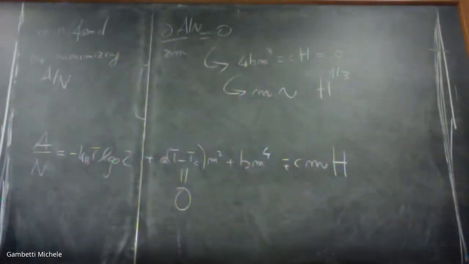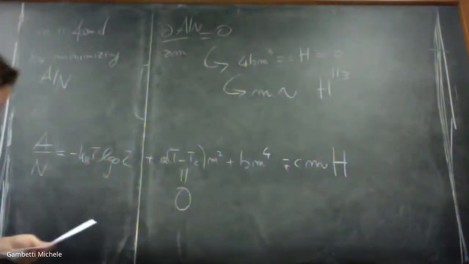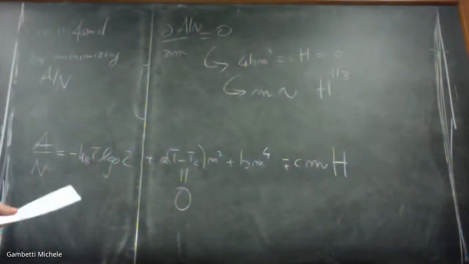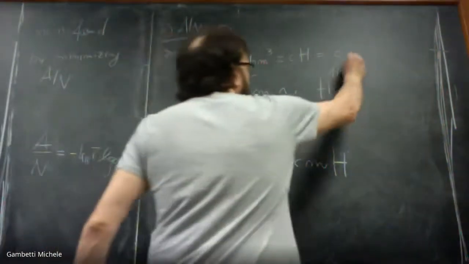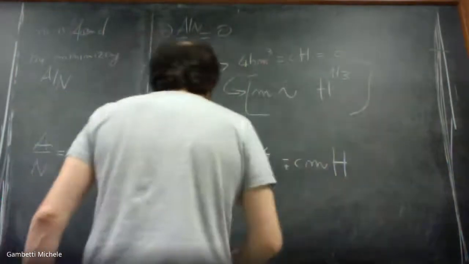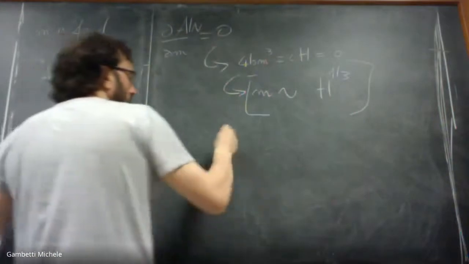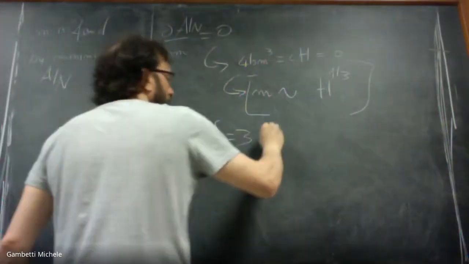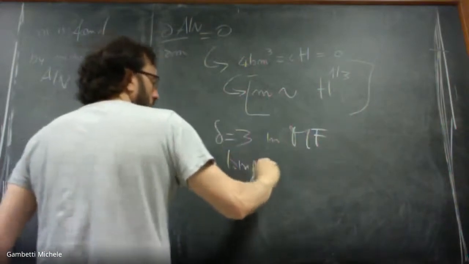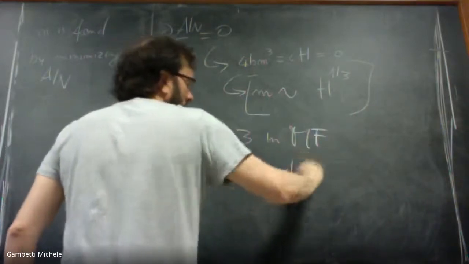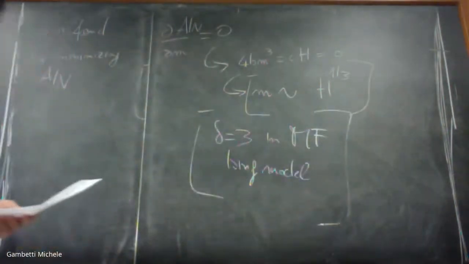Apart from this plus minus is not important. The important thing is the scaling. And the scaling is that m scales as h to the 1/3, from which we get the critical exponent delta associated with the equation of state. Delta is equal to 3 in mean-field Ising.